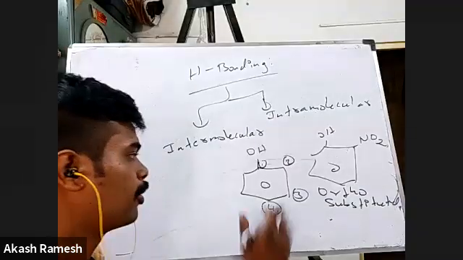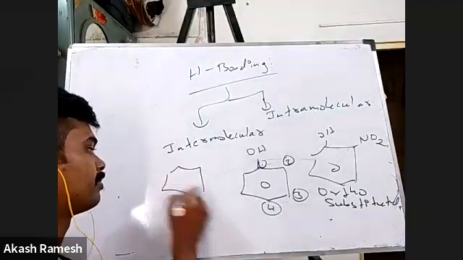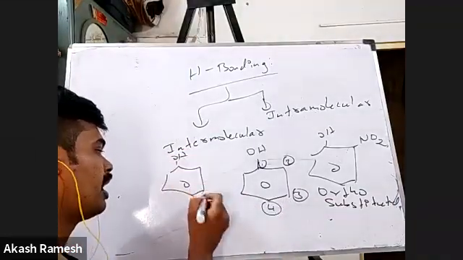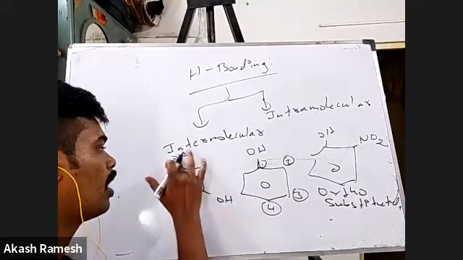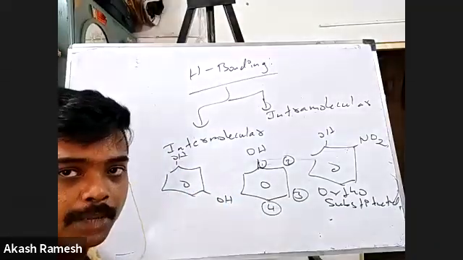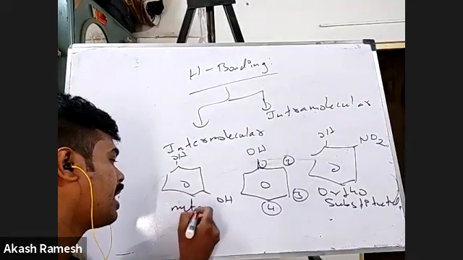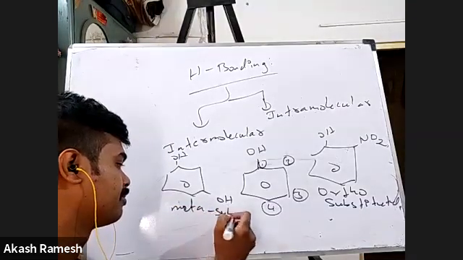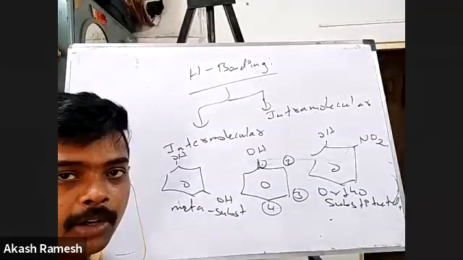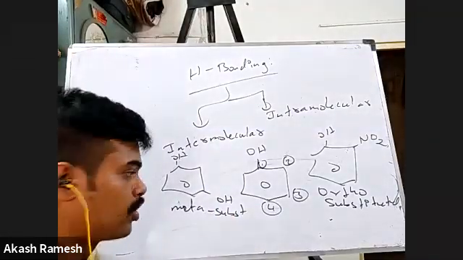Now, if I put it in 1 and 3, say one OH and another OH, the third position, this is called meta substituted.